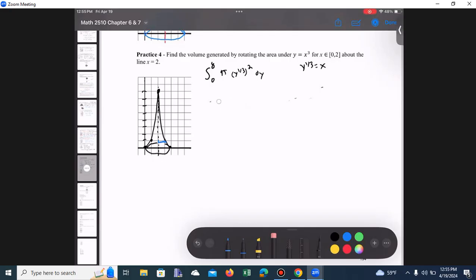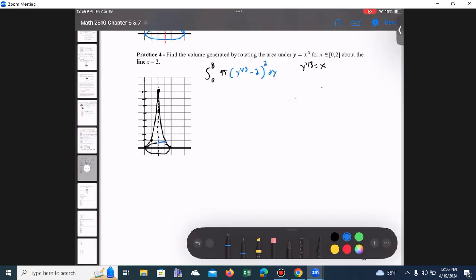So a radius. We are going from 2 to x equals y to the 1/3. So we are subtracting 2 from y to the 1/3, dy.